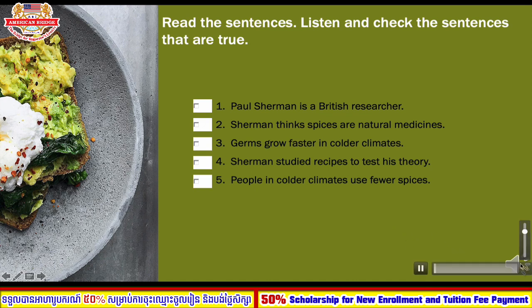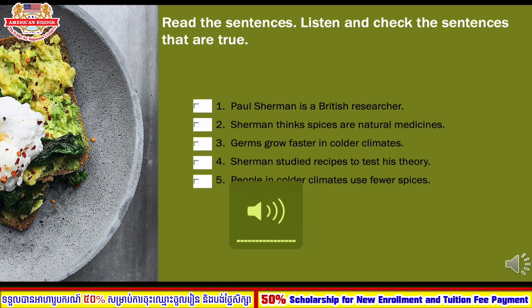As the world gets smaller, people are becoming more familiar with foods from other countries. You've all probably noticed that some parts of the world have spicier food than others. For example, Indian food is much spicier in general than British or Norwegian food. This is especially true of meat dishes. An American researcher named Paul Sherman developed a theory to explain this, and it involves evolution.